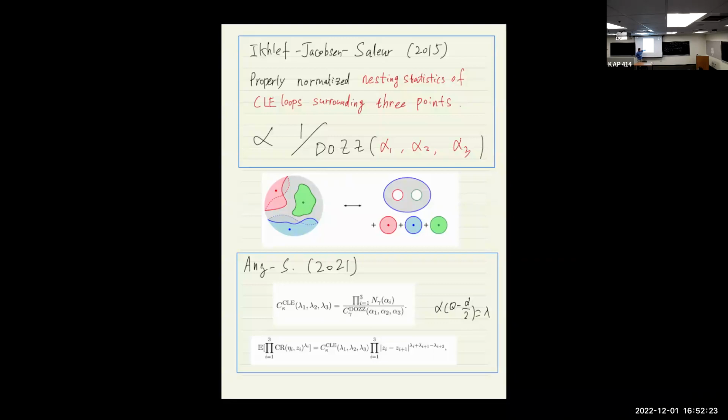In the continuum limit, it is captured by the joint moment of the so-called conformal radius of these outermost loops. And the conjecture by these people is that this is equal to the imaginary DOZZ formula. And this is what we proved. So this is our last result that I want to present.